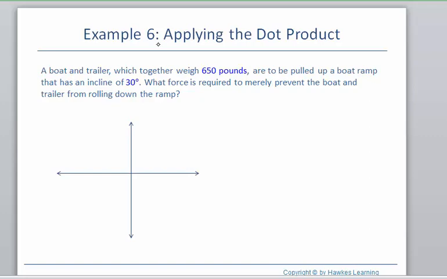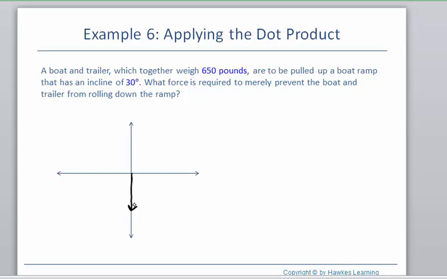So that vector is going to sit right here. This would be the vector of having the boat and the trailer sitting right at the origin and not moving, and gravity would act upon it, and the force that would act on that boat and trailer would be equal to the weight.